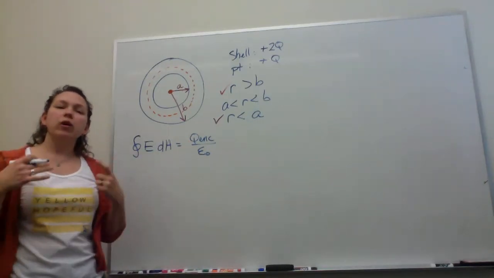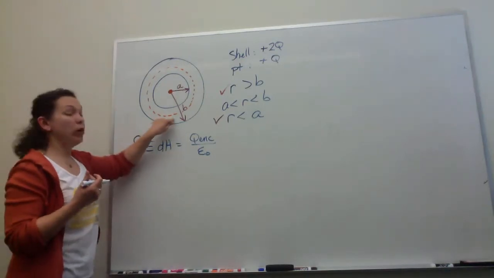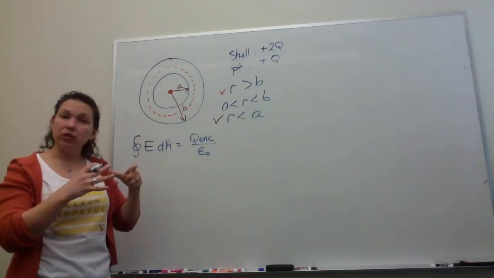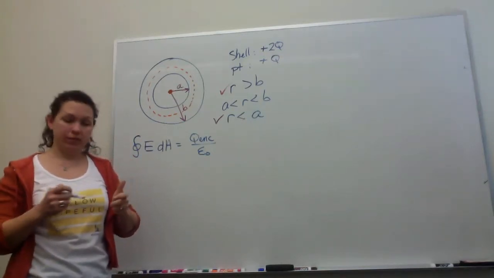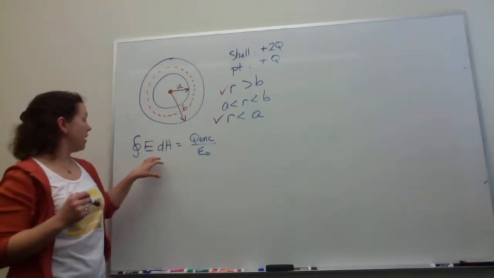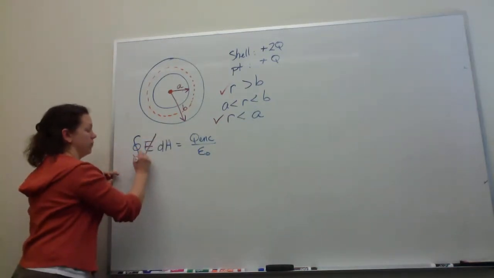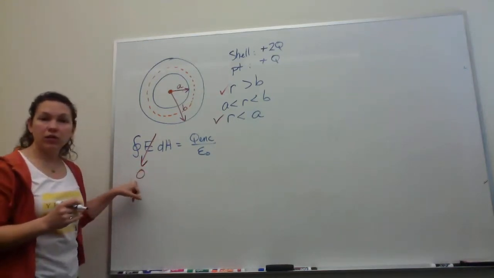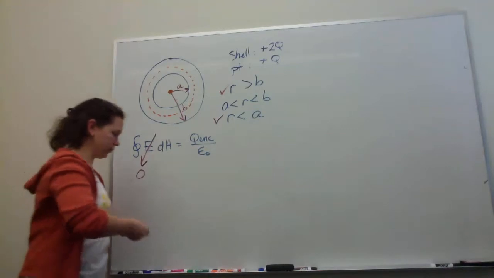Now we have to remember a characteristic of conductors. We are inside, in the material of a conductor in electrostatic equilibrium. We automatically know that the electric field is 0 in that region. And so that means that our integral automatically is equal to 0.